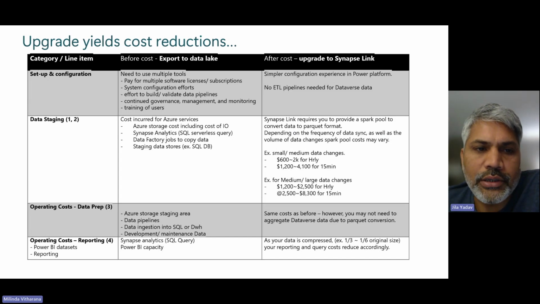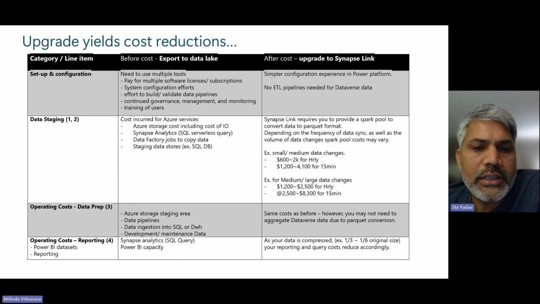So as you can see, the setup experience has been simplified. So that's a key thing. And then the second point here is data staging. If you compare this today, when you are using the CSV option of the export to data lake or BYOD options, you are paying for the Azure SQL DB, you are paying for the serverless.